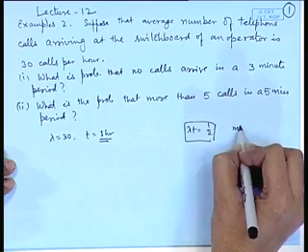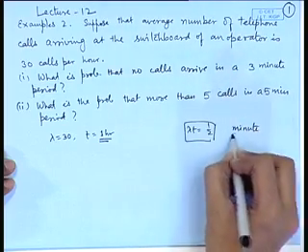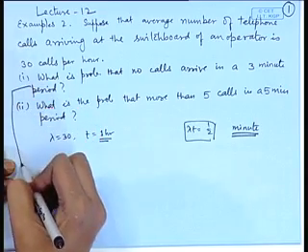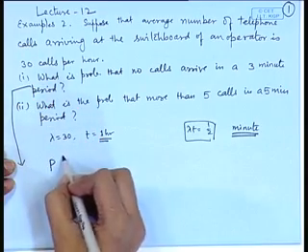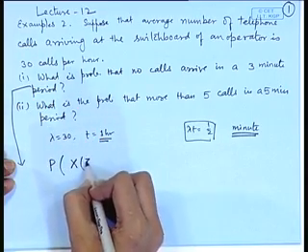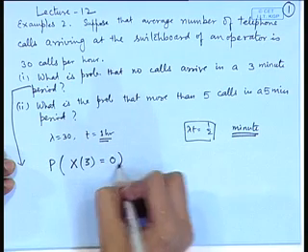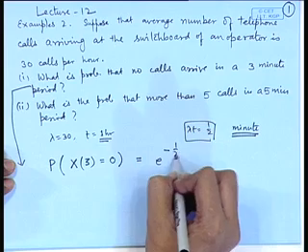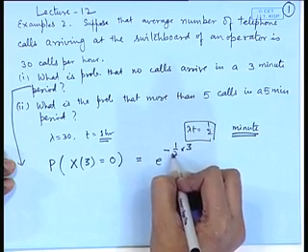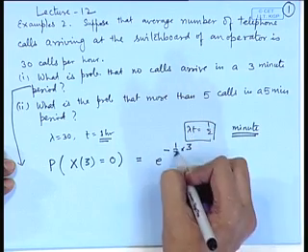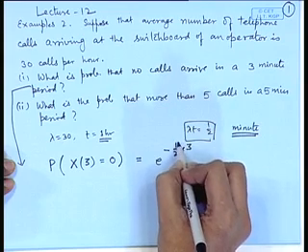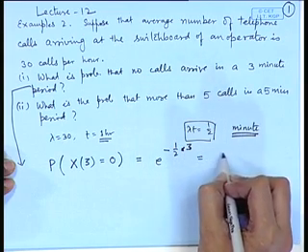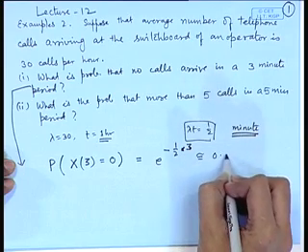So, the probability of no calls in a 3-minute period can be considered as the probability of X3 equal to 0. So, it is e to the power minus 1 by 2 into 3. This 1 by 2 is the rate for 1 minute. So, in 3 minutes it will be 3 by 2. So, here I am taking lambda to be half and t to be 3. So, it is e to the power minus 3 by 2, which is approximately 0.22.